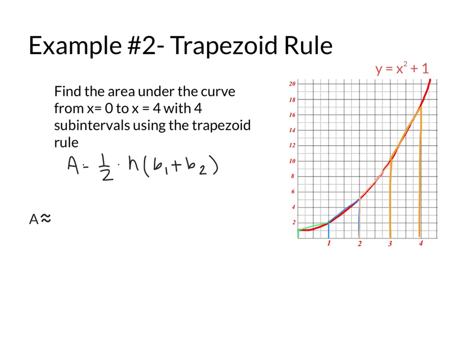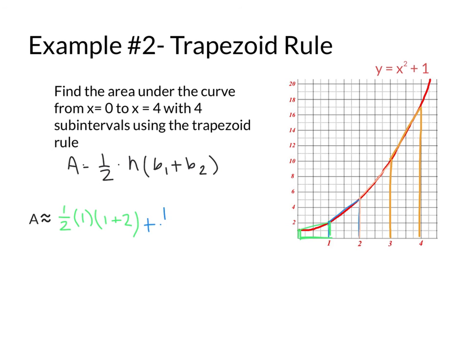So for this first trapezoid, our height is always on the bottom, and in this case it's 1. So we write in the 1/2 times 1, and b1 plus b2. So this side's going to be b1, and this is going to be b2. b1 is going to be 1, and then b2 is going to be 2. And for the next trapezoid, we do the same thing.